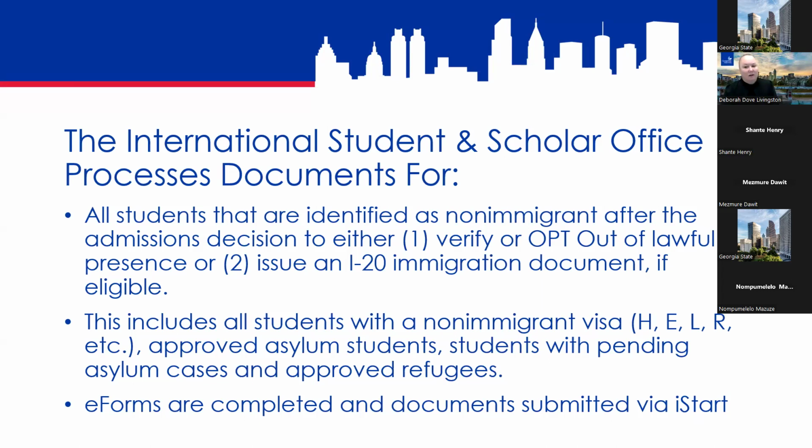These students must verify or opt out of lawful presence or request an I-20 immigration document by submitting the appropriate e-form or e-forms in your iStart account. The International Student Scholar Office does not accept any paper documents in our office or emailed. We only accept documents uploaded directly via your iStart account.